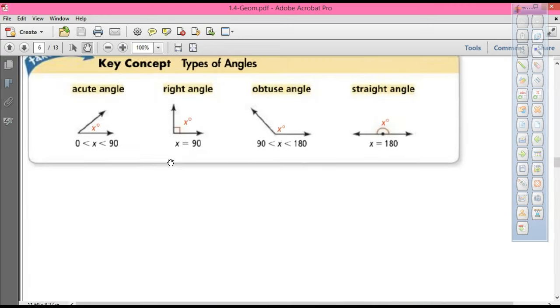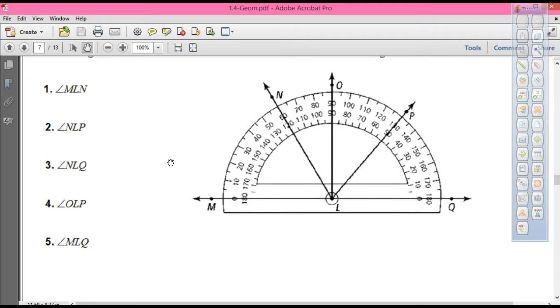All right, we need to talk a little bit about the protractor. Okay, you're going to see 2 measurements for everything on the protractor. You have to look at your angle and decide, is it obtuse or is it acute? Okay, if it's obtuse, you're going to use the big number. If it's acute, you're going to use the little number.